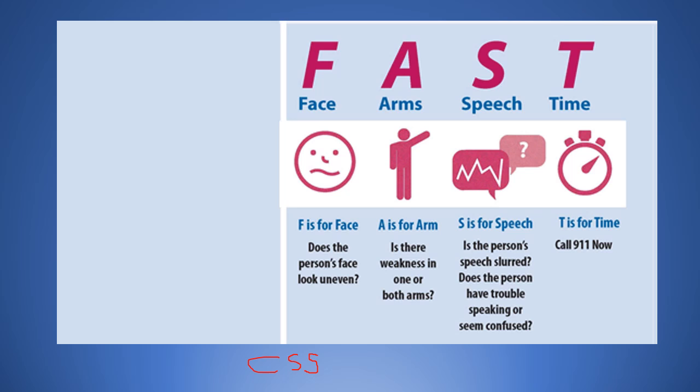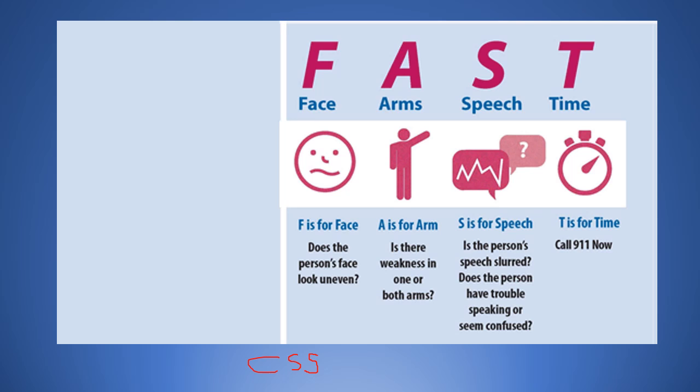F is for face. Do they have an uneven face? Because we're a little bit more medically inclined, we can actually get them to smile if it's not clear and look for unevenness. A is for arm drift. Is there weakness in one arm or both? This is where we have them close their eyes, put their palms up, and hold them there for 10 seconds.